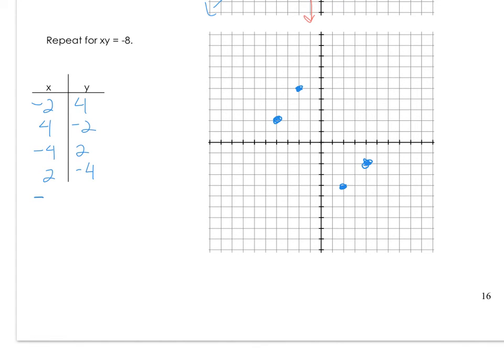And then we can go with negative 1 and positive 8, positive 1 and negative 8, negative 8 and positive 1. And we can graph all those. And we end up with a very similar, what we call slant hyperbola. It's a hyperbola, the asymptotes again are the x and y axes.